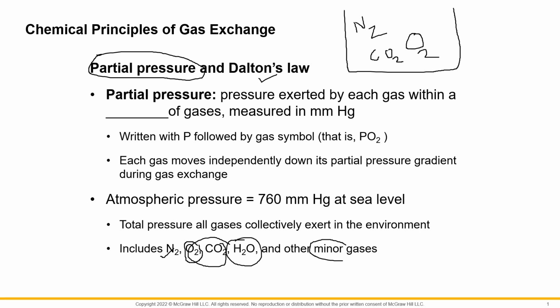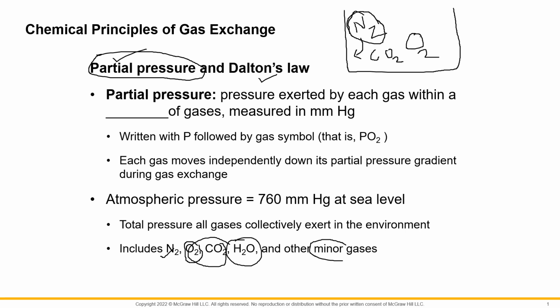Dalton's law says that each gas is going to exert its individual pressure against the walls of the container. So the pressure of nitrogen gas alone out of this entire mixture of gases would be called a partial pressure. Similarly, oxygen would have its own partial pressure within the mixture of gases, as well as carbon dioxide.